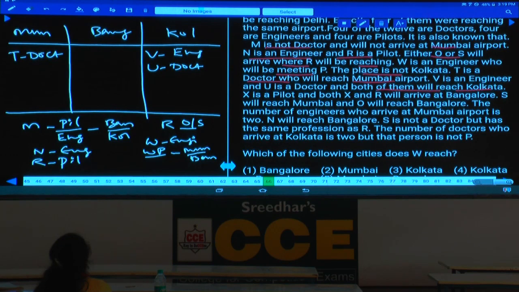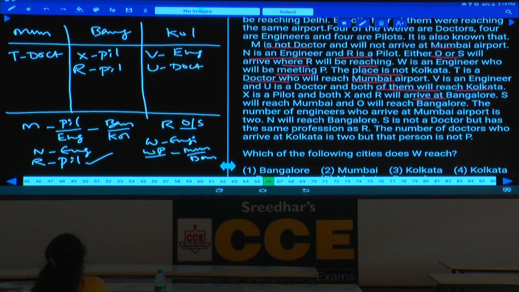X is a pilot, and both X and R will arrive at Bangalore. X and R are at Bangalore, and R is a pilot too. Now this information we have used.